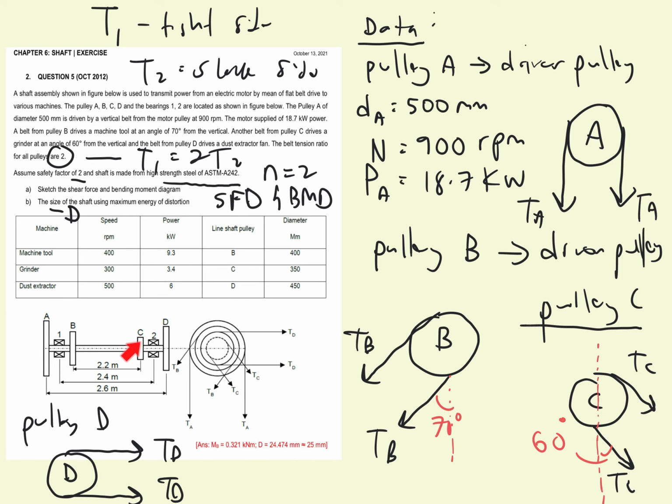Pulley C drives the grinder with a speed of 300 revolutions per minute, power of 3.4 kilowatts, and the diameter of pulley C is 350 millimeters. The last one, pulley D, is designed to drive the dust extractor with a speed of 500 revolutions per minute, power of 6 kilowatts, and a diameter of 440 millimeters.